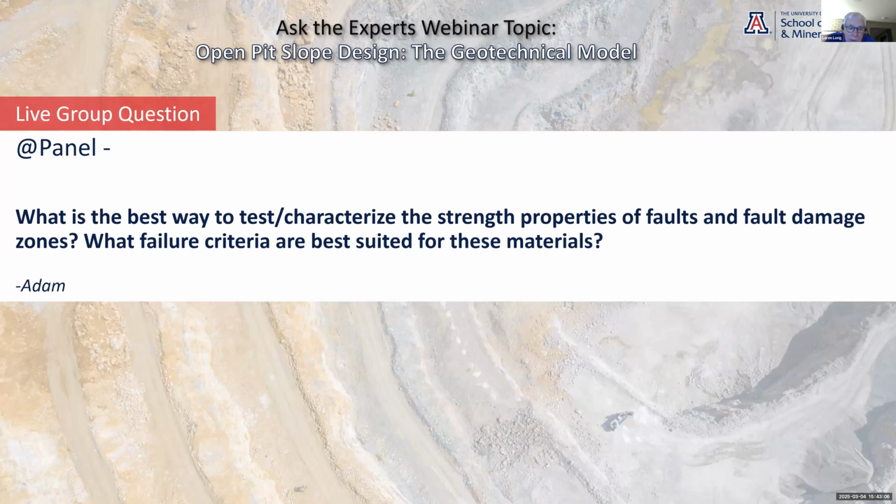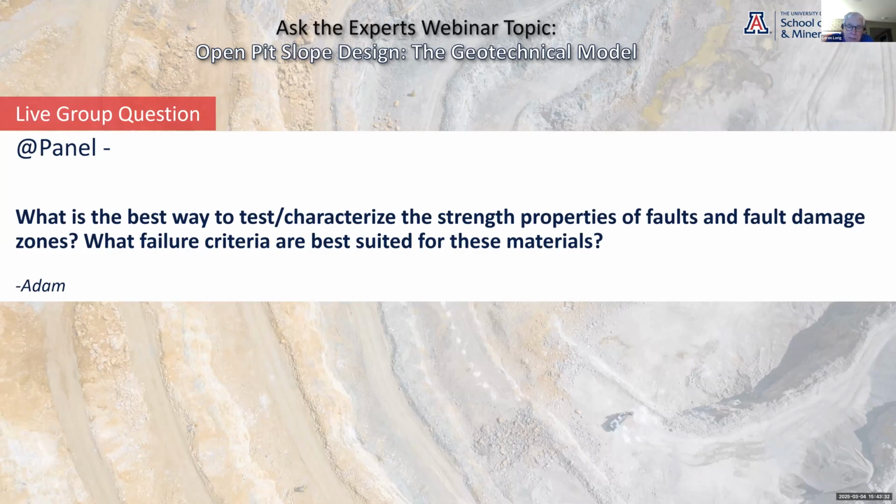The easier question probably is what failure criteria to use. Most often it's some sort of Mohr-Coulomb yield, and that seems to work pretty well for a large number of faults. But getting the values for friction and cohesion that faults have does depend on what they're made up of.